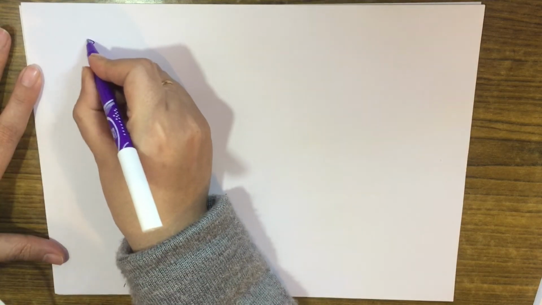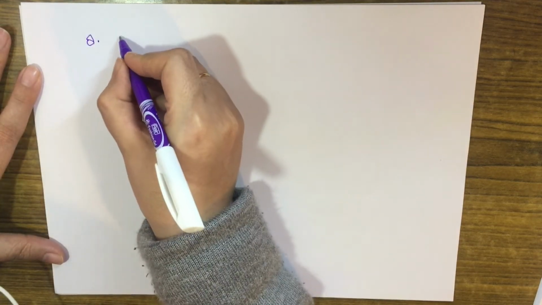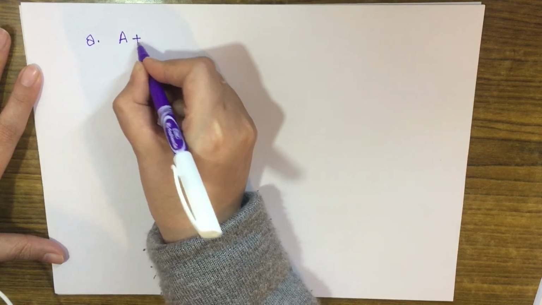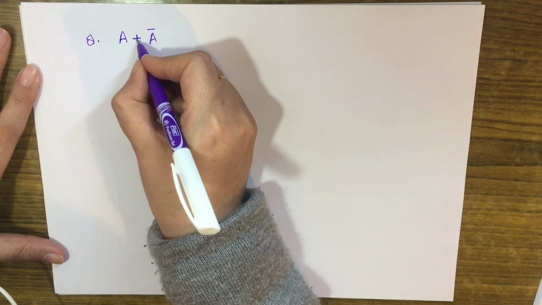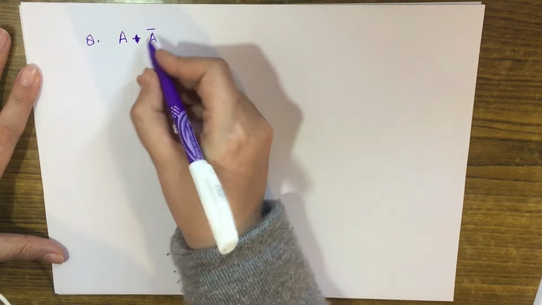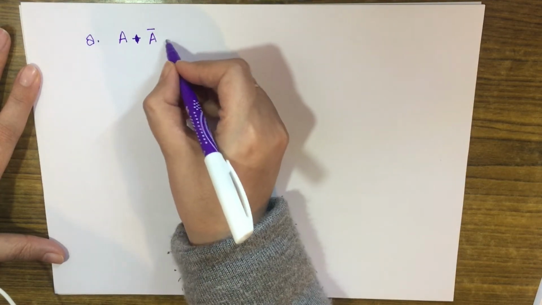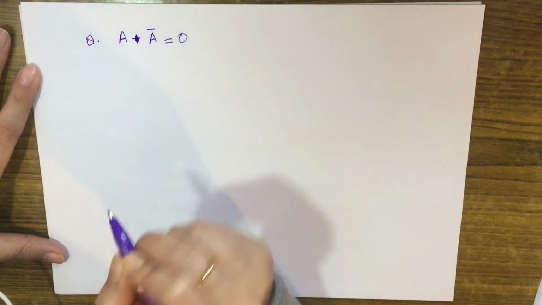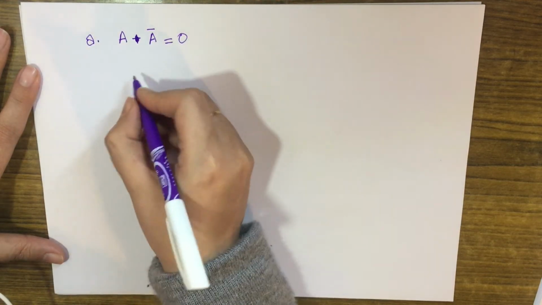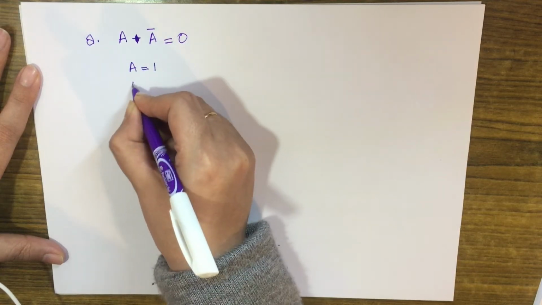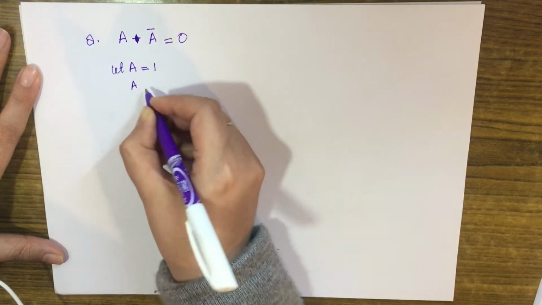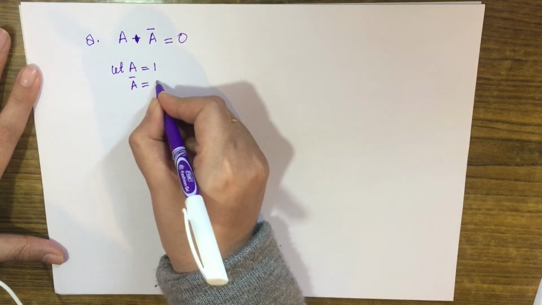Now we will move towards rule number 8. Rule number 8 is a AND a complement, this is dot here, is equal to 0. See, if I let a equal 1, therefore a complement will be equivalent to 0.